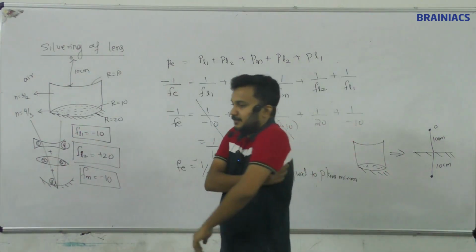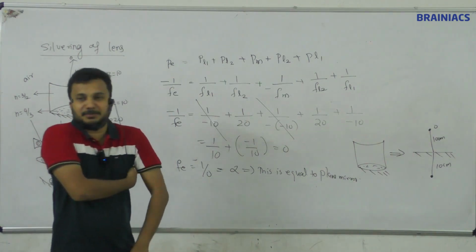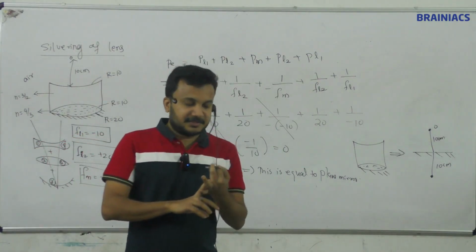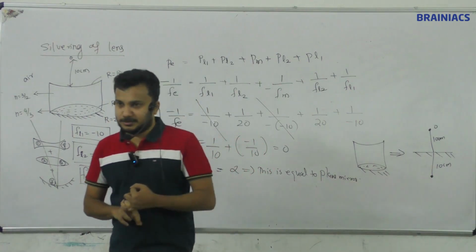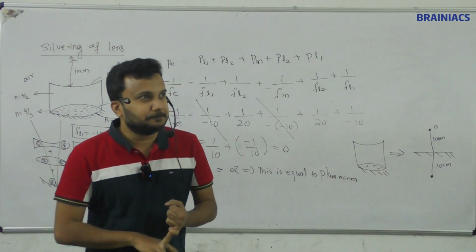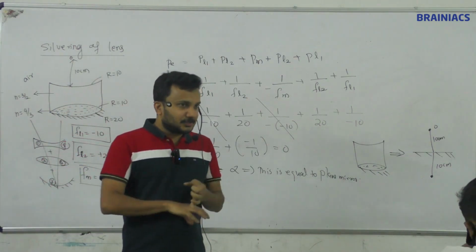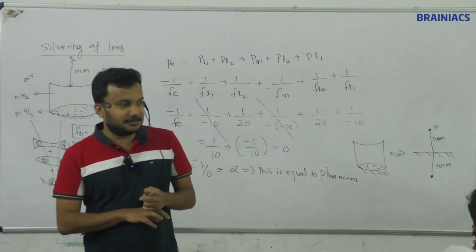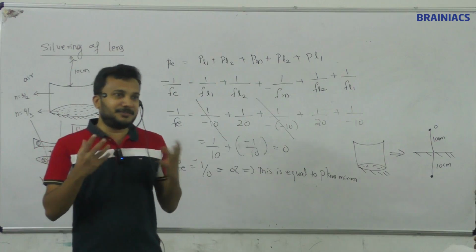The point is, optics, the major portion, 90% is over. I can say 90%. Three other topics are left. I will take 2 more classes maximum for this. One is simple microscope, compound microscope, telescope, and then a few things called aberrations, chromatic aberrations, achromatic aberrations, some defects.